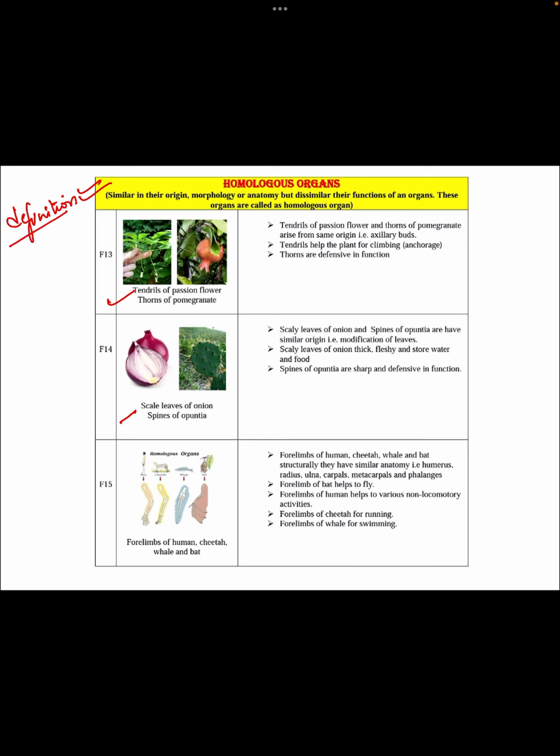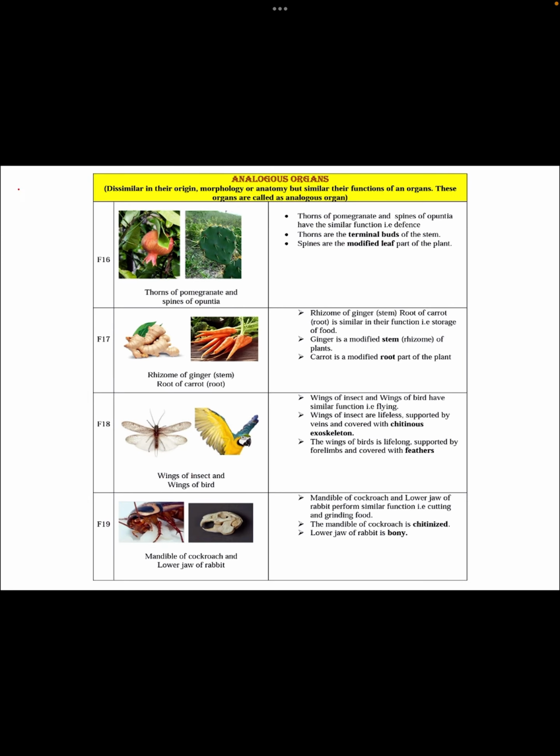limbs of human, cheetah, whale and bat. Please take a screenshot of it and you can remember 3 points for each of the experiments given here. Next, analogous organs. Once again you have to remember what is meant by analogous organs, the definition.